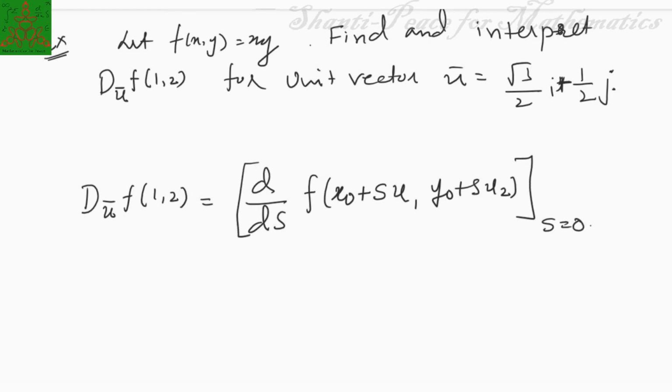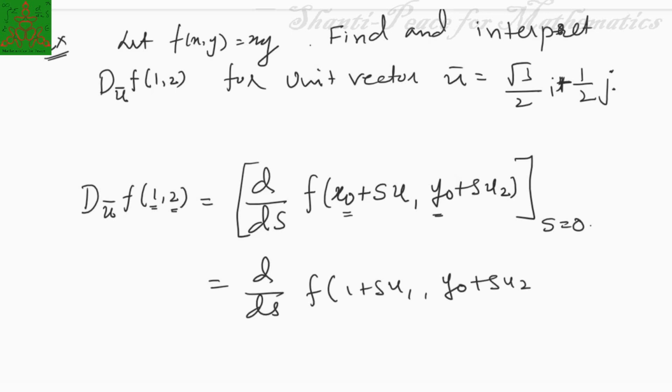That is the definition of the directional derivative. Here (x0, y0) is given as (1, 2). So this is d/ds of f(1 + s u1, 2 + s u2). Let us substitute the values of u1 and u2 also.